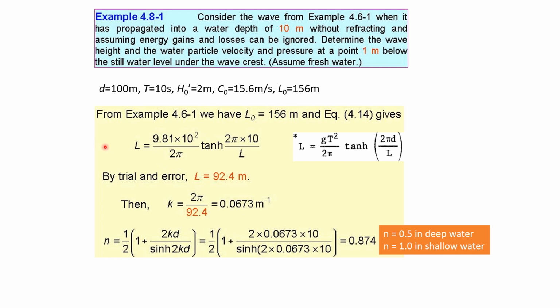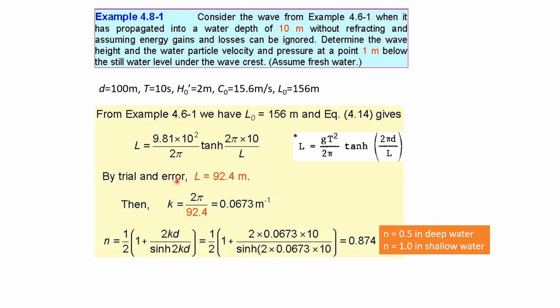We have g times T squared over 2 pi, where T equals 10, times tanh of 2 pi d over L, with d equals 10. Here we have L on both sides of the equation. It needs to be solved by trial and error. So we found out that the deep water wave, which has a wavelength of 156 meters, when it moves to a location which is only 10 meters deep, the wavelength has now reduced to 92.4 meters.